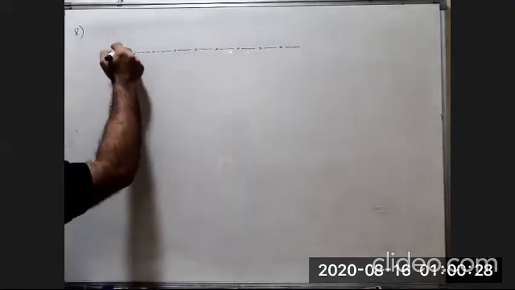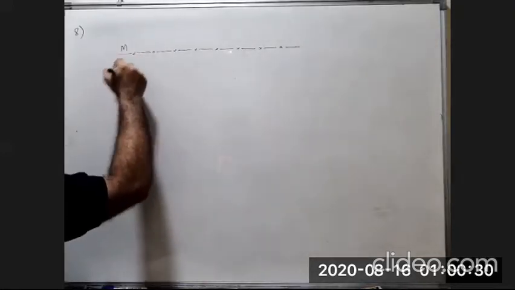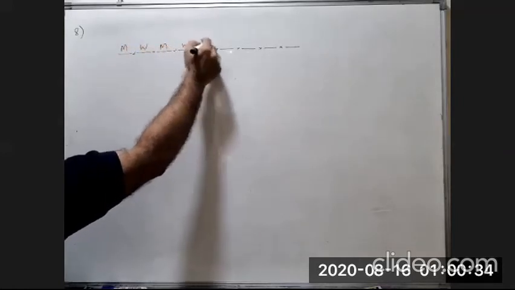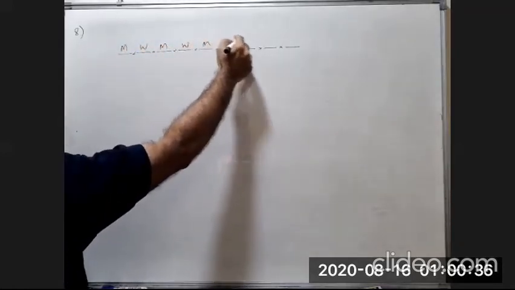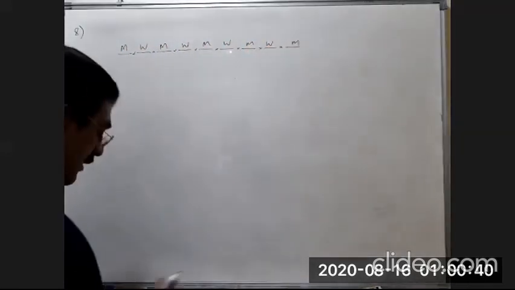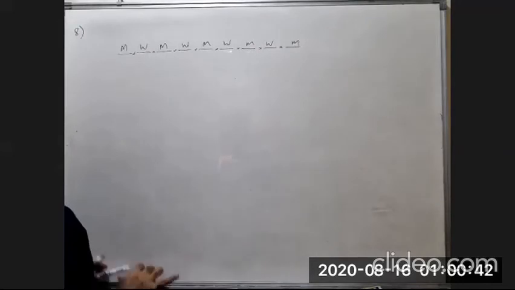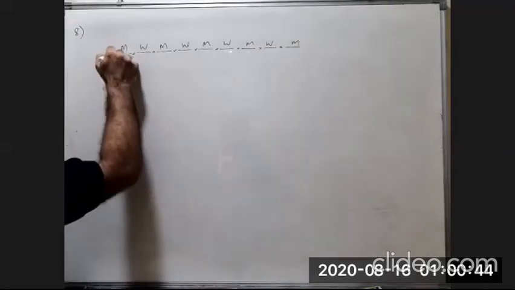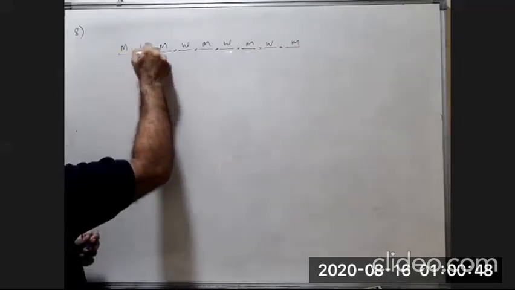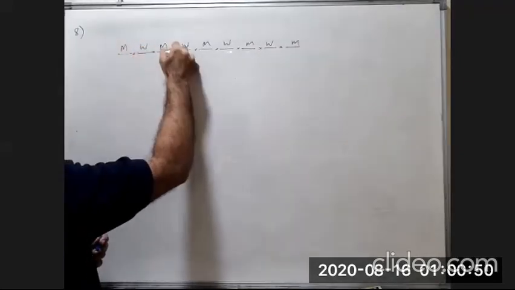That means here it is man, this is woman, man, woman, man. That's it. Now see, when women occupy even places, even places means this one. This is an even place.